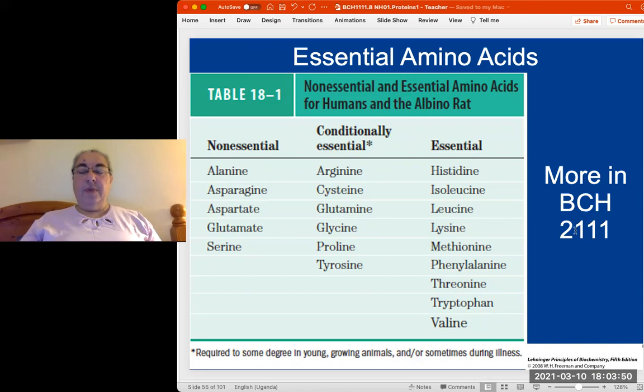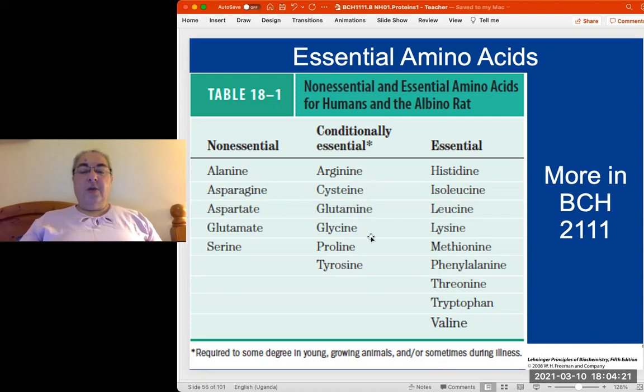You'll be learning more about this in BCH1111 in your second year for those who are going on to do that course. But you can see here from this table that the amino acids that we can easily make ourselves, non-essential, are alanine, asparagine, aspartate, glutamate, and serine, and then conditionally essential.